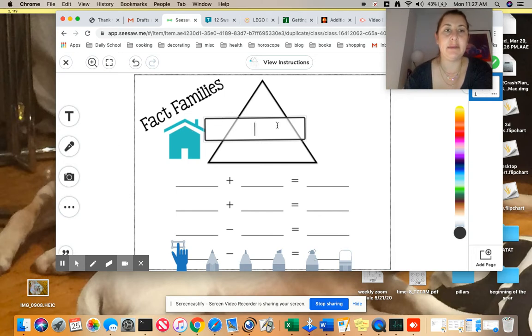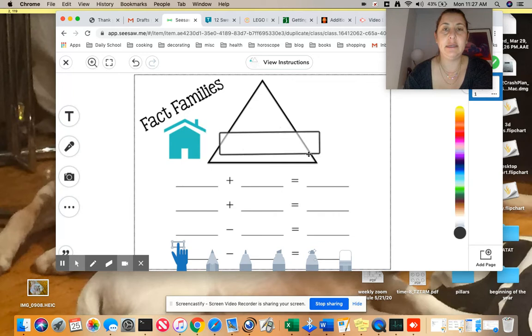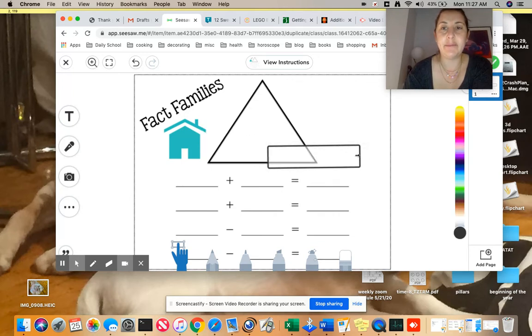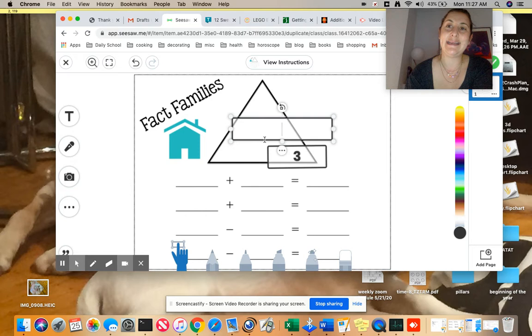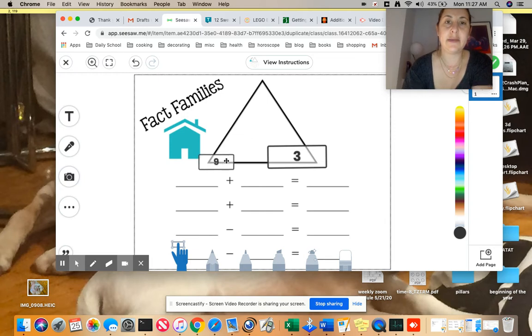It's a little bit harder on my computer to do that, so here we go. Okay, so here's my first part, 3. Then I'm going to create my second part, and I'm going to make my second part 9. Make it a little smaller. Okay, so now I have my parts, 9 and 3.